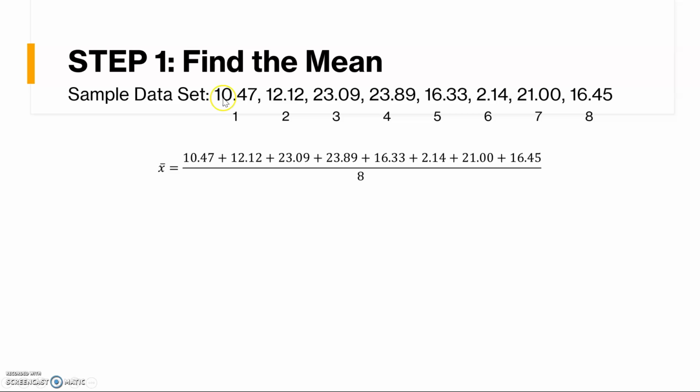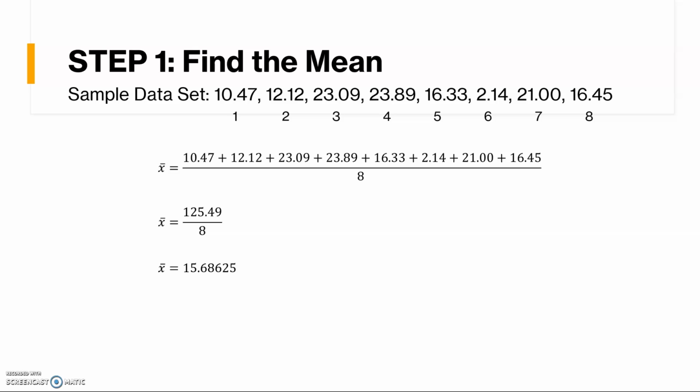So if we add the top right here, the 10.47, 12.12, 23.09, 23.89, 16.33, 2.14, 21, and 16.45, we add all that up, we should get 125.49 divided by 8. When we do that, we get 15.68625.